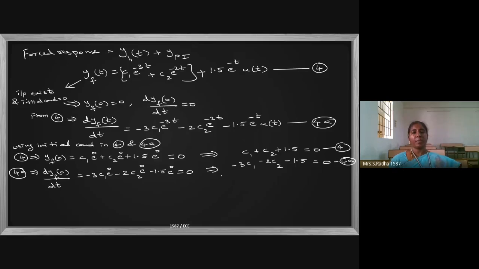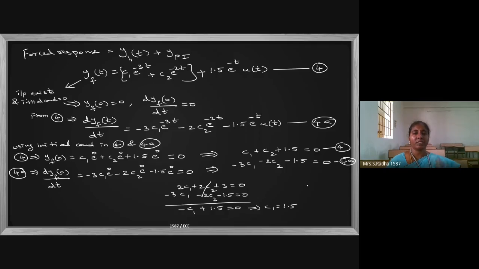Now let us simplify 4 and 4a. I will multiply equation 4 with 2. So 2c1 plus 2c2 plus 3 equal to 0, and this is minus 3c1 minus 2c2 minus 1.5 equal to 0. So c2 will get cancelled if you add. So here it will be minus c1 plus 1.5 equal to 0. So c1 value equals 1.5.